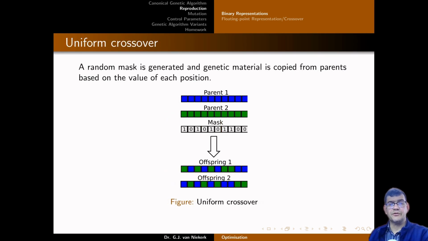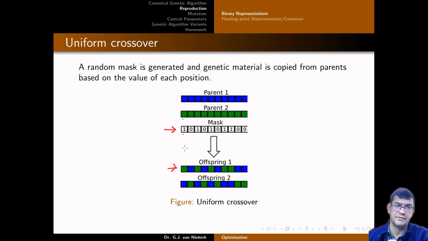Then the last kind of crossover is uniform crossover. Now with uniform crossover, you create a random mask. So the mask consists of ones and zeros in any order. So there's no crossover point or anything like that. You literally create a mask with random ones and zeros. And then exactly like with 1-point and 2-point, you use the number to indicate from which parent you copy to the child. So for offspring 1, the moment you've got a 1 over here, that would come from parent 2.